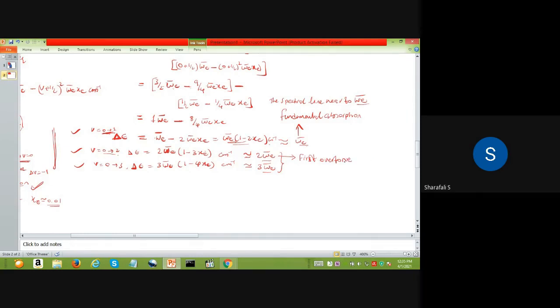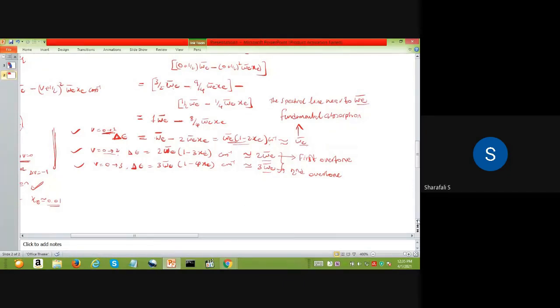This is the first overtone, and this is the second overtone, and so on. If you consider 0 to 4, 0 to 5, etc., then you have the third, fourth overtone, all those things. Okay. So these are the fundamental line, first overtone, second overtone, like that.